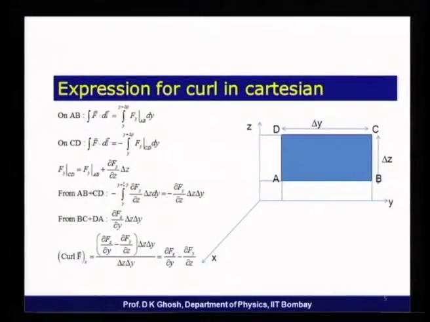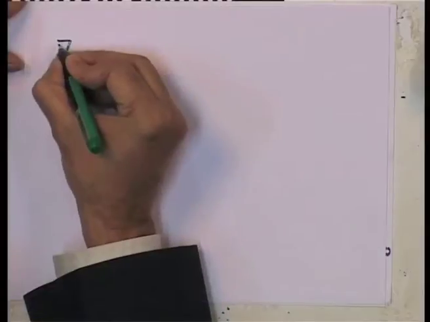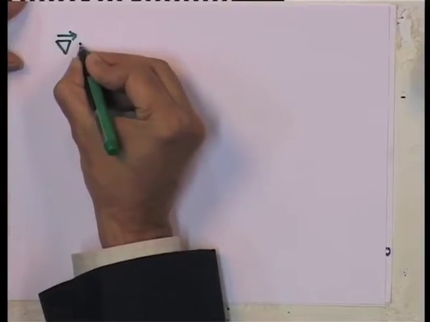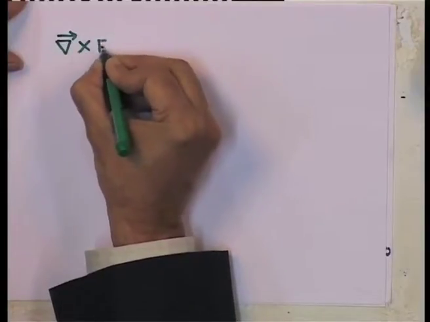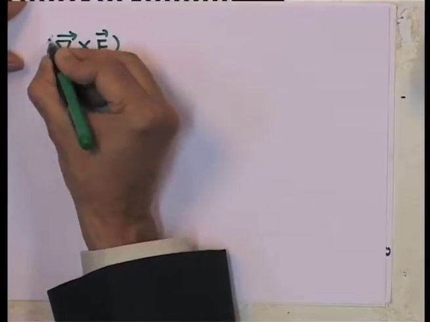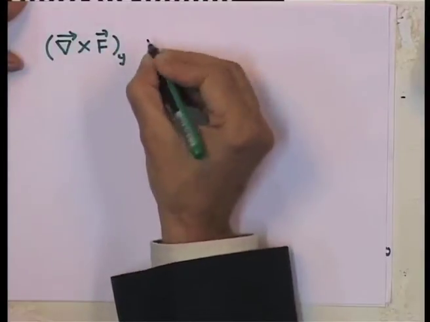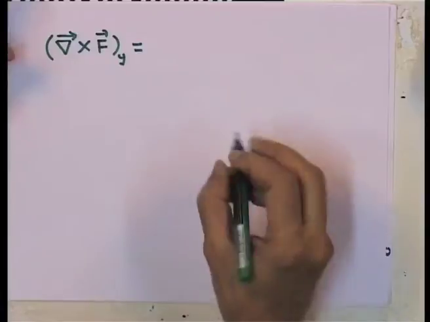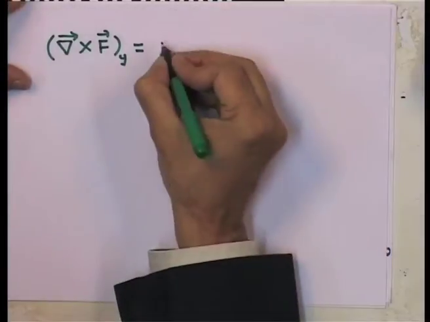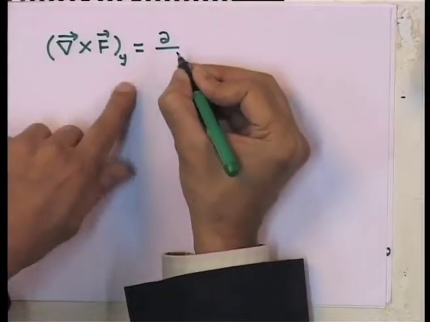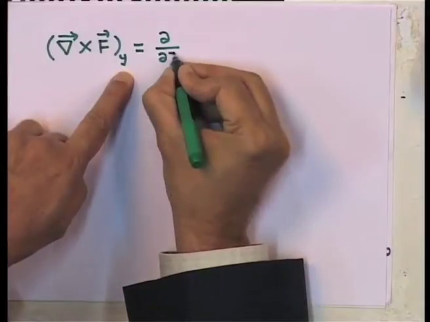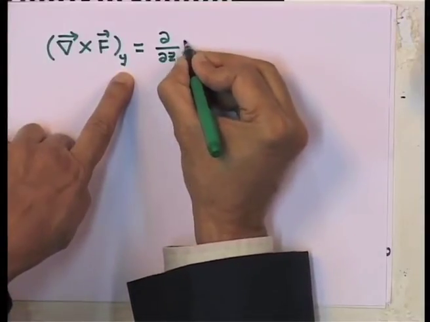Now, I can essentially extend the same argument to the other components, and you notice the way it is done, that I am saying curl, which as I told you can also be written like this, del cross f. Supposing I want to write down the y component, the way to notice is that if it is a y component, first we get d by dz of f x.